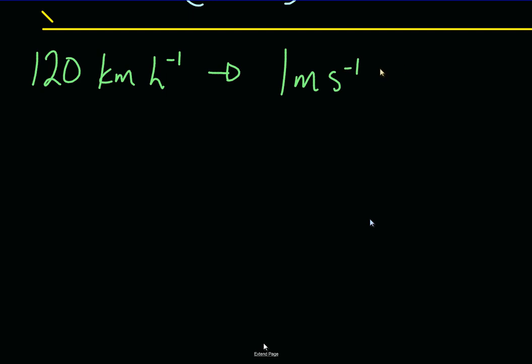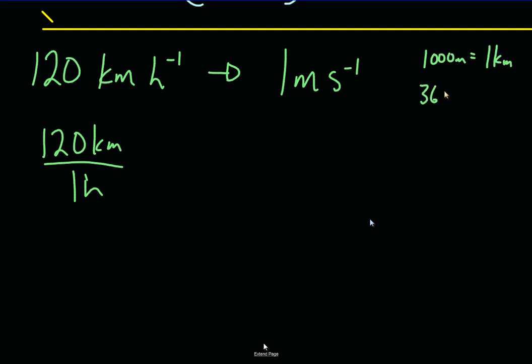I like to use a similar concept, and pick one or the other that you're going to deal with first. 120 kilometers is the same as 1,000 meters, right? So our conversion factor is 1,000 meters is equal to 1 kilometer. That's the top one.